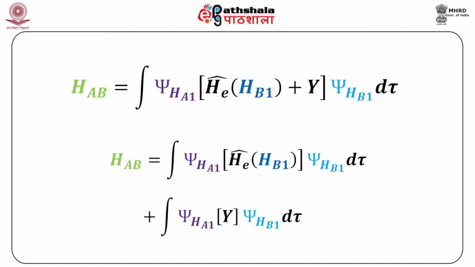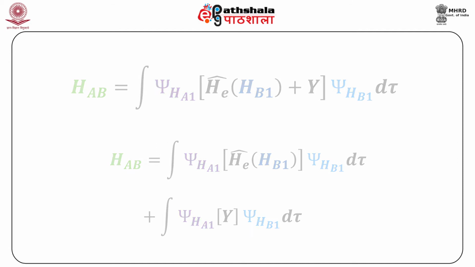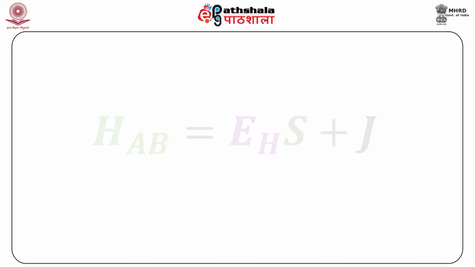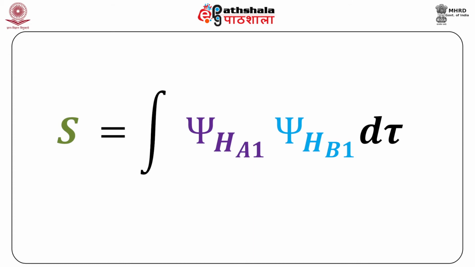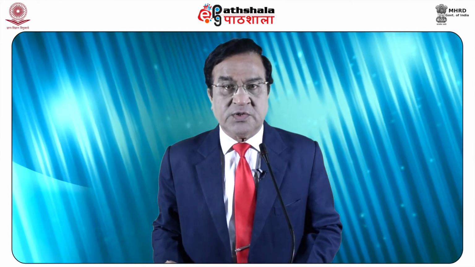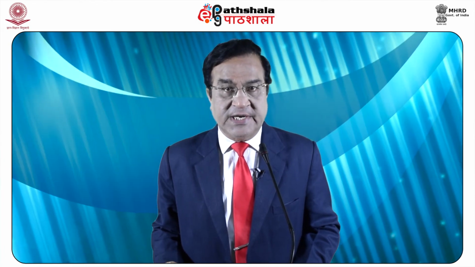If we substitute this and solve the integral, ultimately we get HAB equals the energy of the hydrogen atom, EH, multiplied by S plus J. S is the overlap integral, given by the integral d tau psi HA1 psi HB1, and J is an integral which we will study in detail later on.